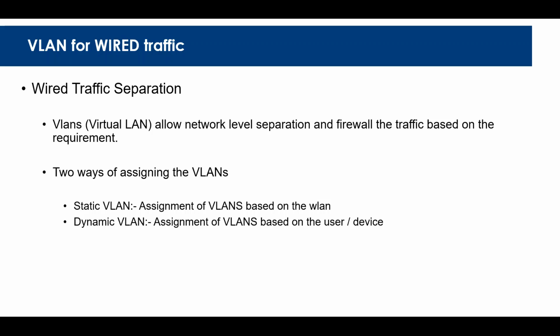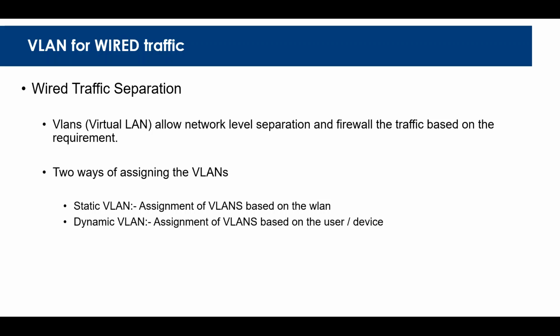There are two ways to assign VLANs in cnPilot and cnMaestro configuration. One is static VLAN and the other is dynamic VLAN. In the case of static VLAN, WLANs are statically configured to a particular VLAN, so when a user connects to that WLAN, all the users will be put into that VLAN.